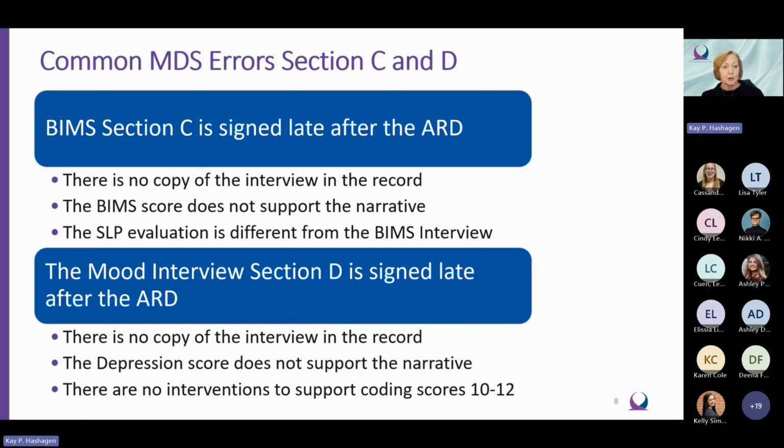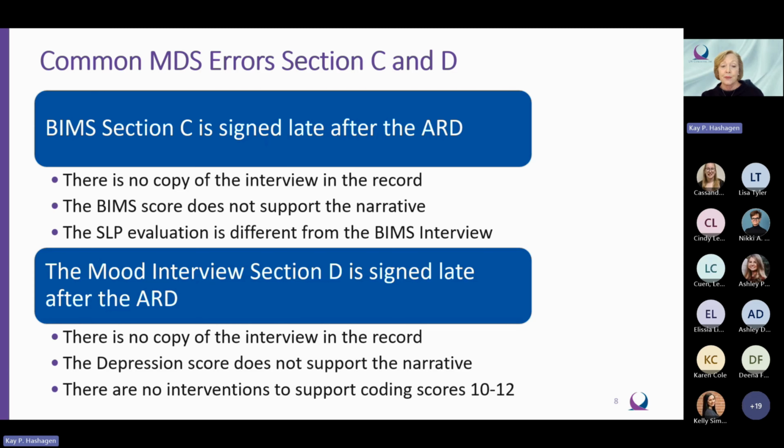And also the depression score might not support the narrative. You can see high scores, 10 to 12, and you aren't seeing that the patient looks like they're depressed in the documentation by the nurses. So that is something that can be reviewed during your meetings.